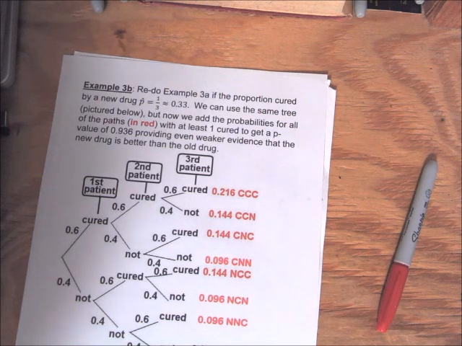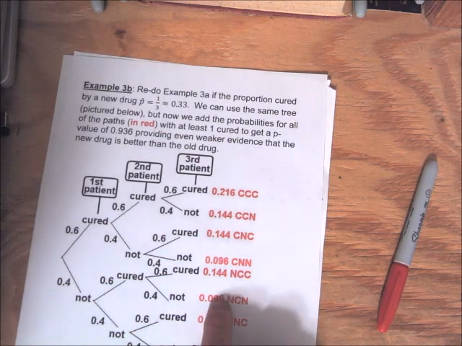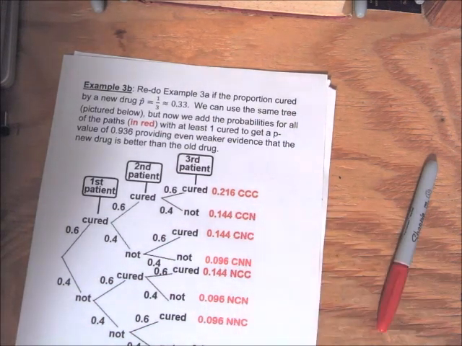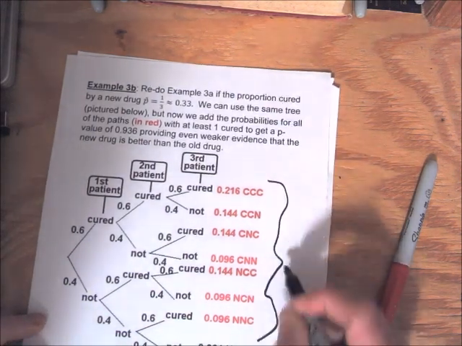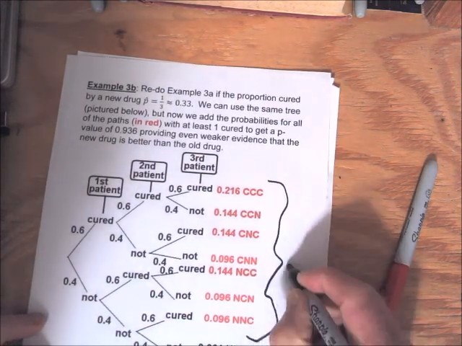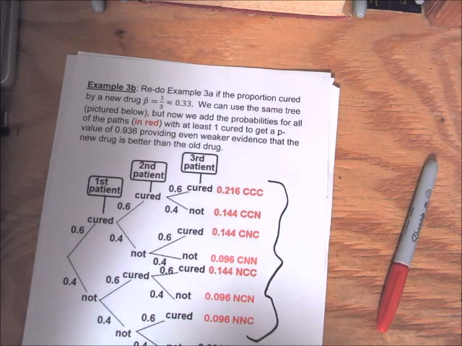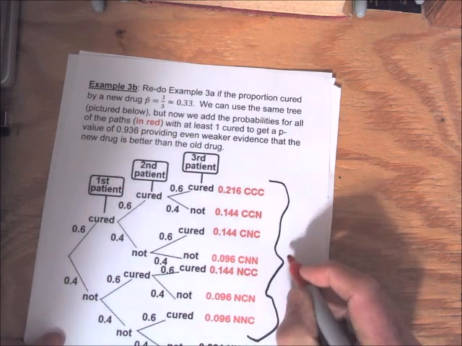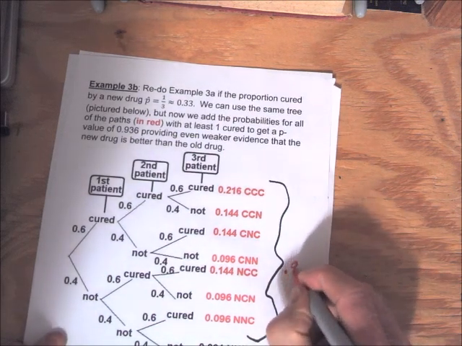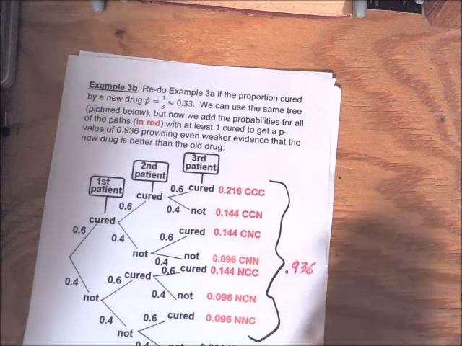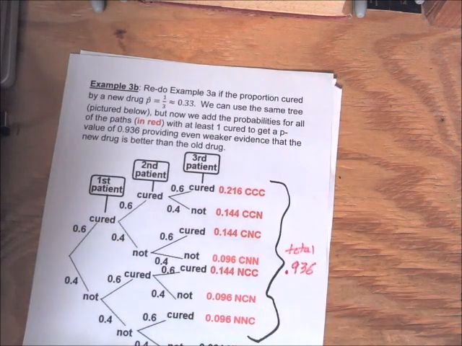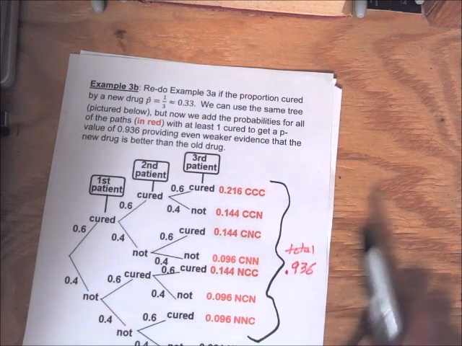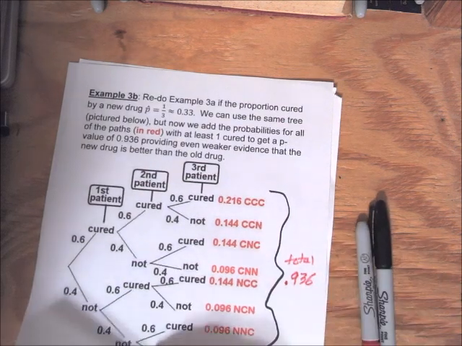So there's even weaker evidence that the new drug is better than the old. The total of the paths in red is 0.936, and that is our p-value. It's even bigger than our previous p-value.